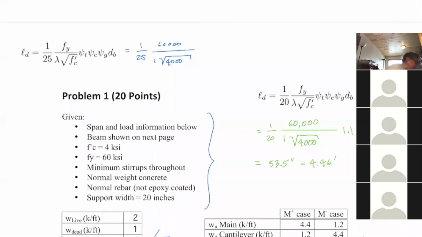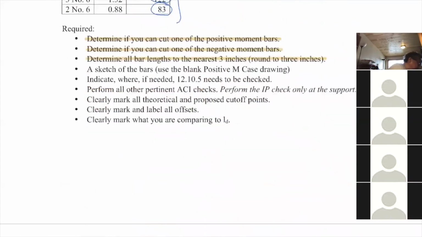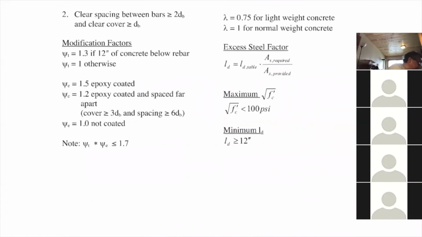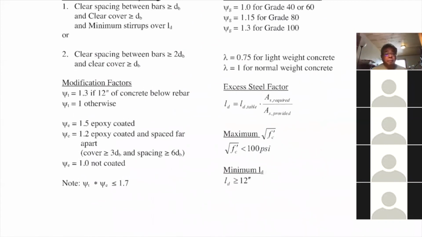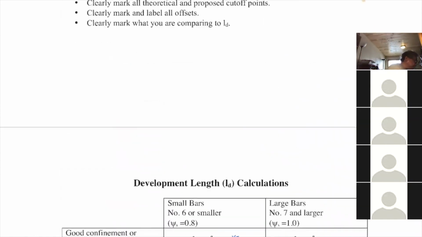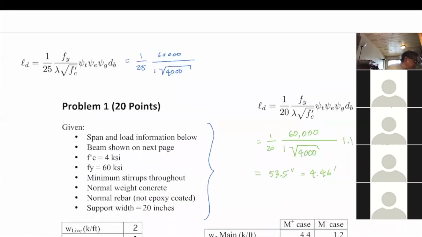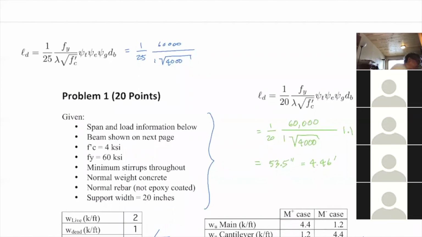I can't remember what the penalty is, so we gotta go read that. Top bar 1.3 if you have 12 inches of concrete below the rebar, so 1.3. Not epoxy coated. Grade 60.